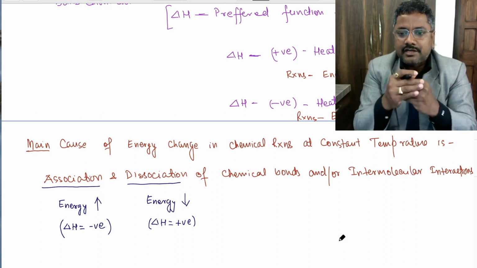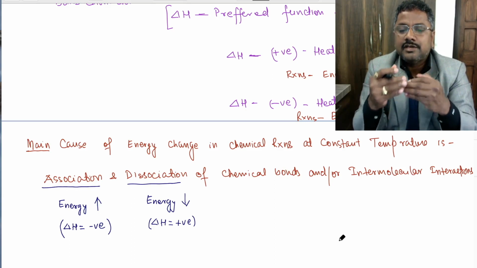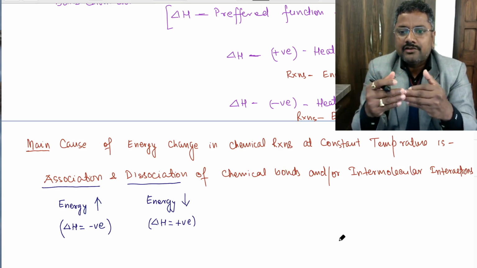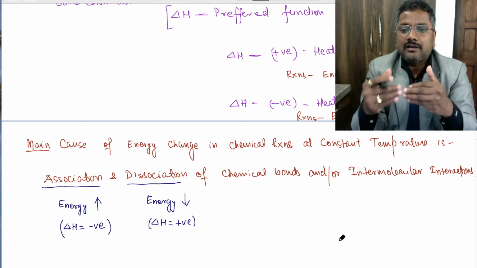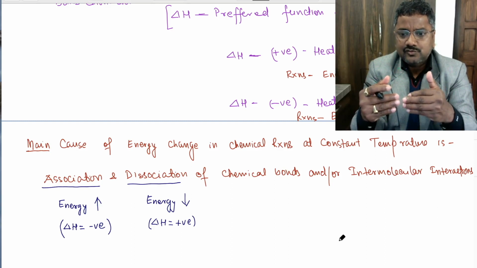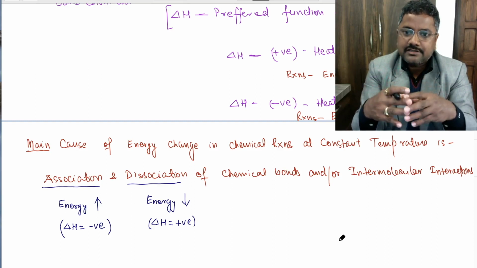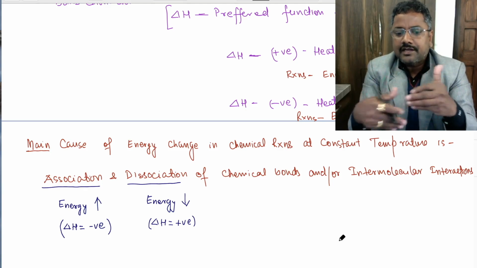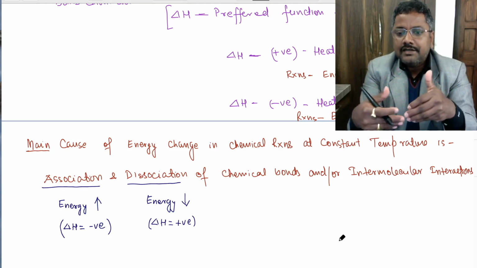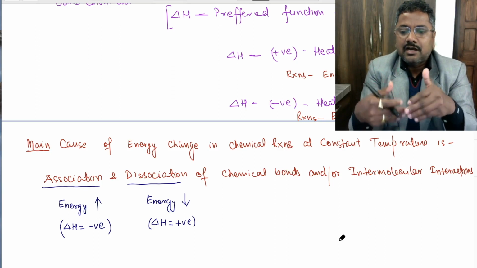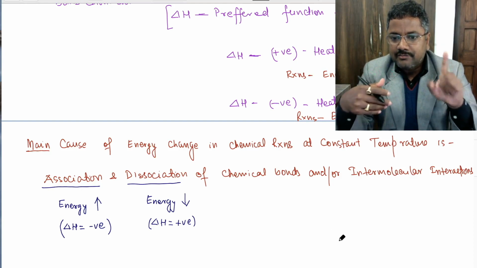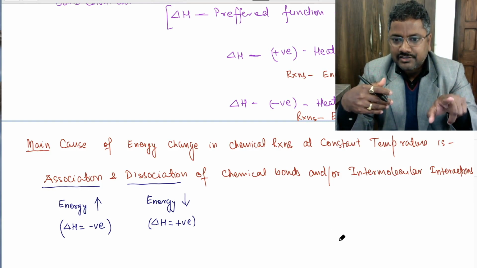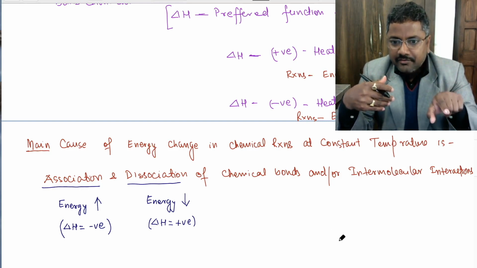So now it is clear that we are going to use delta H, a thermodynamic function, to assess the energy change in chemical reactions. In this unit of thermodynamics, we will discuss different types of chemical reactions and how to evaluate energy change, keeping in mind that delta H is extensive and a state function.